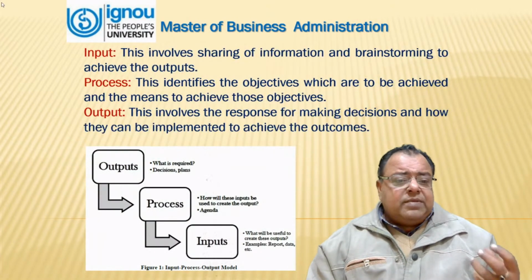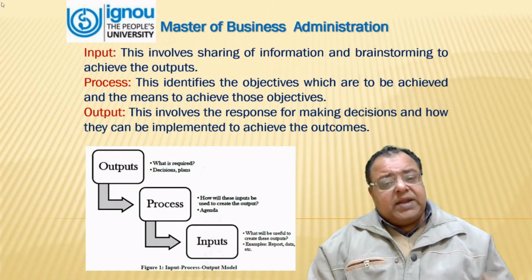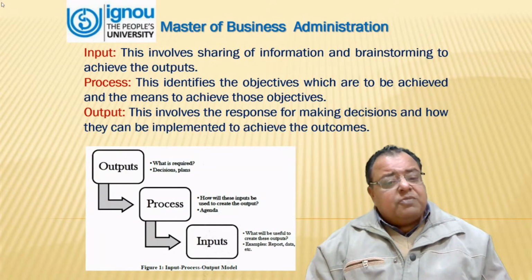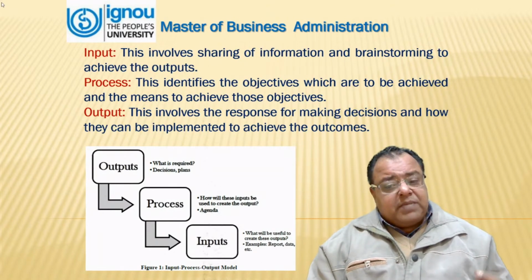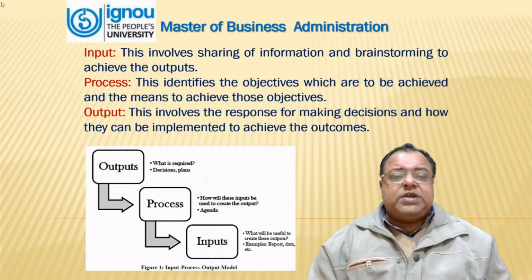Input involves sharing of information and brainstorming to achieve the outputs. Processes identify the objectives which are to be achieved and the means to achieve those objectives. And the output involves the response for making decisions and how they can be implemented to achieve the outcomes.